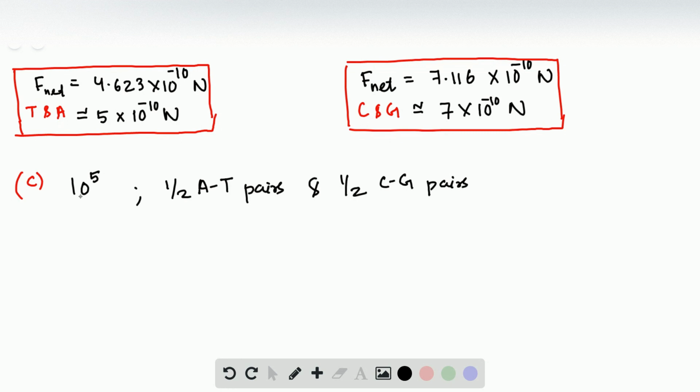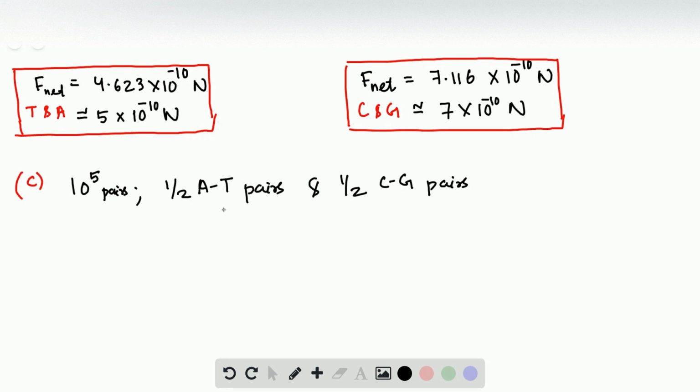The total number of pairs is 10 to the power 5, and we assume they are equally divided between AT pairs and CG pairs.